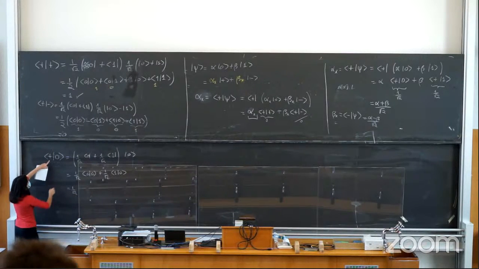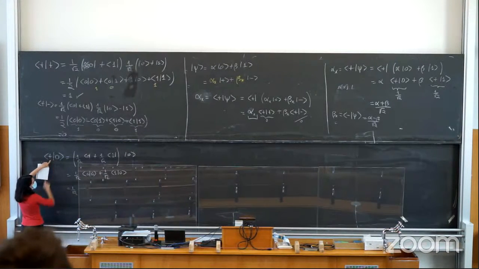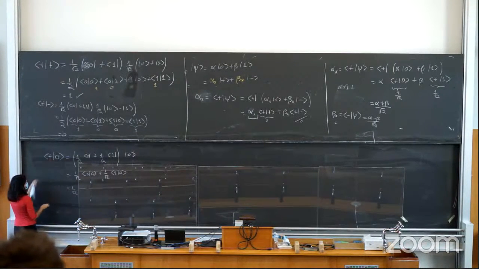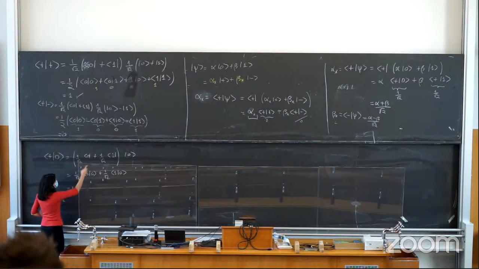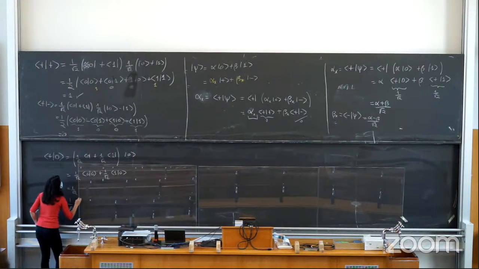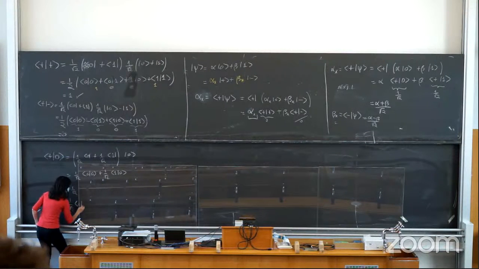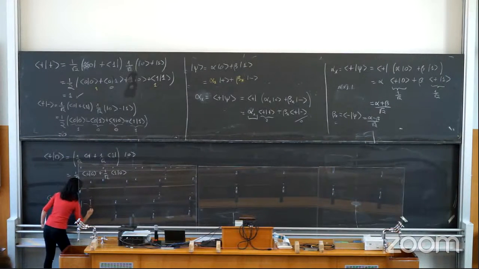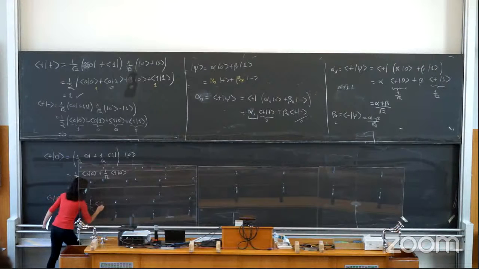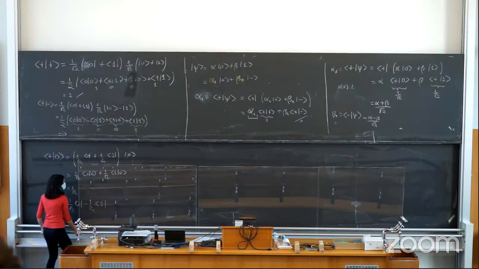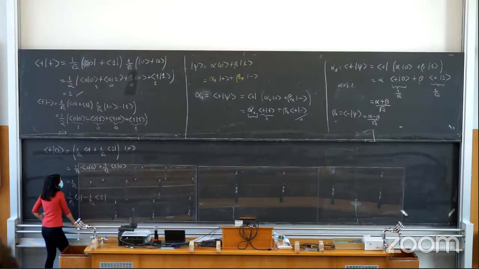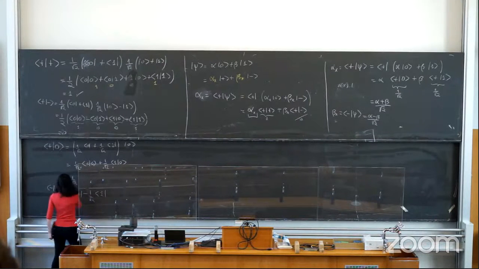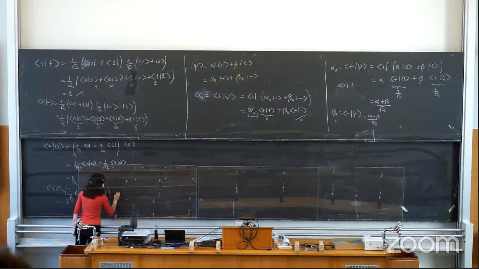If you put here the plus and minus zeros and ones, they're all 1 except this one, because then I'll do it. 1 over square root of 2, 0, minus 1 over square root of 2, 1, times 1.